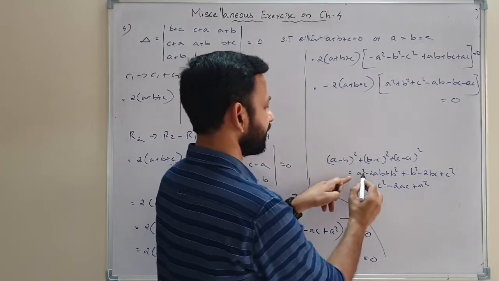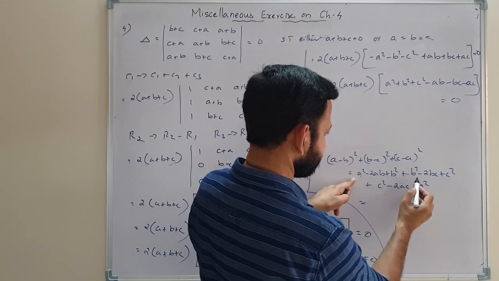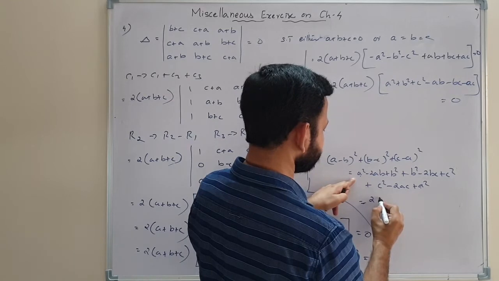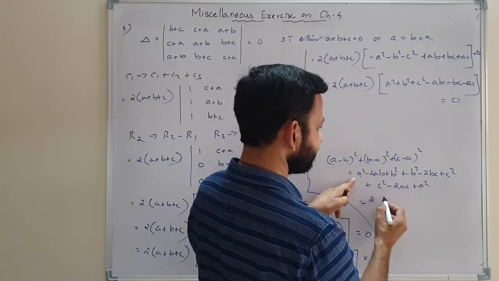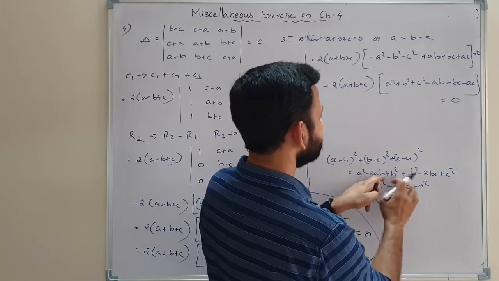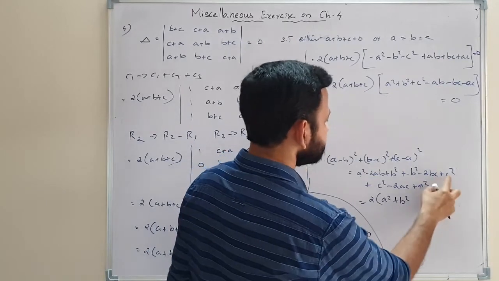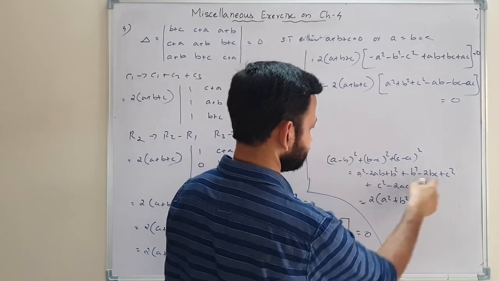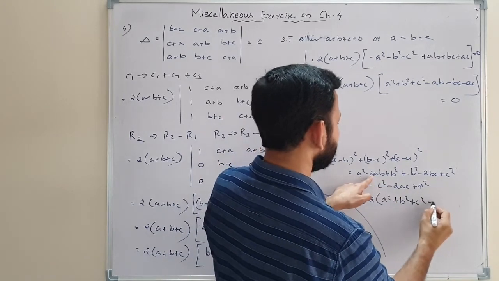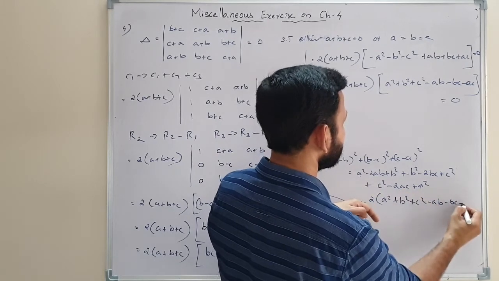When we simplify, A square plus A square, that is 2A square. We can take 2 outside from everywhere: 2 into A square, B square plus B square, 2B square, 2 outside, so plus B square; C square plus C square, 2C square, 2 outside, plus C square. Then minus AB minus BC minus AC.